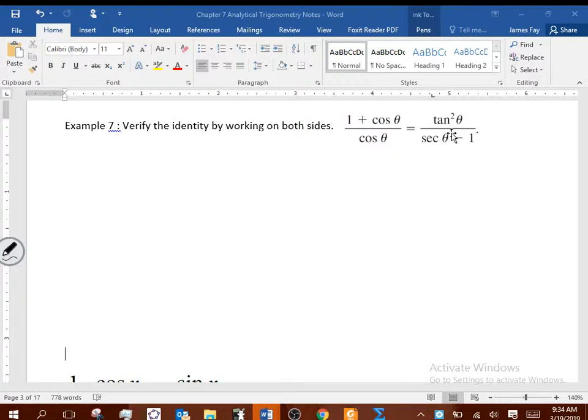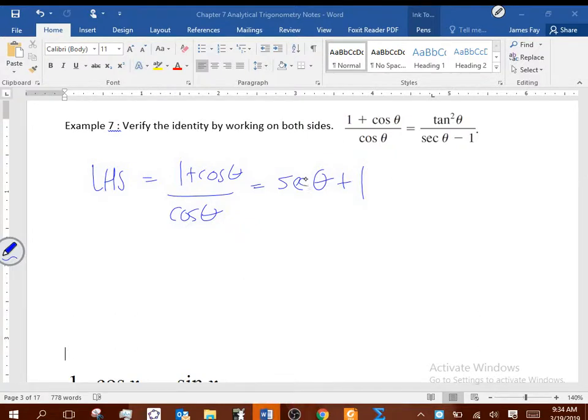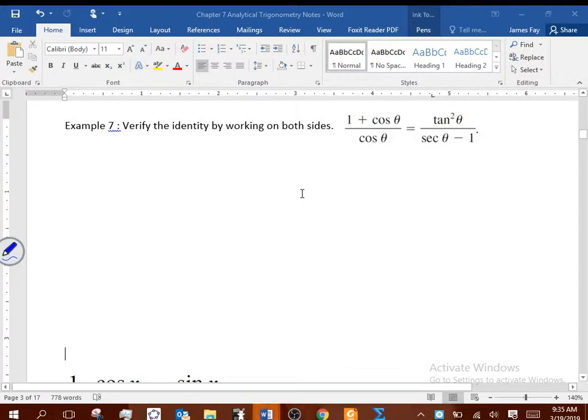If I see somebody just write left-hand side equals 1 plus cosine theta over cosine theta, and then say, well, that's secant theta plus 1, equals right-hand side, should I give points for that? No. It's true, because that's eventually what we get to, but that's about as dumb as saying left-hand side equals right-hand side, I'm done. You haven't shown me the logic yet. So the more detailed you are, the safer it is for you in garnering points.